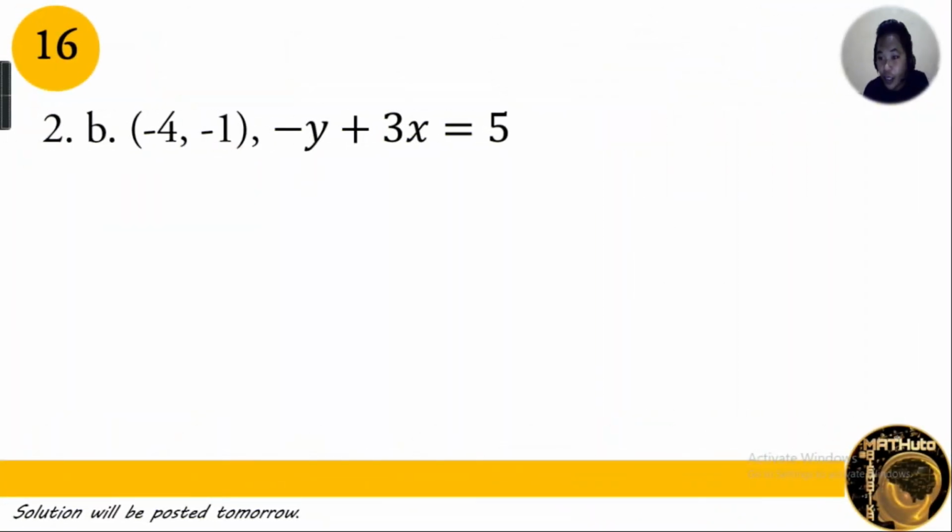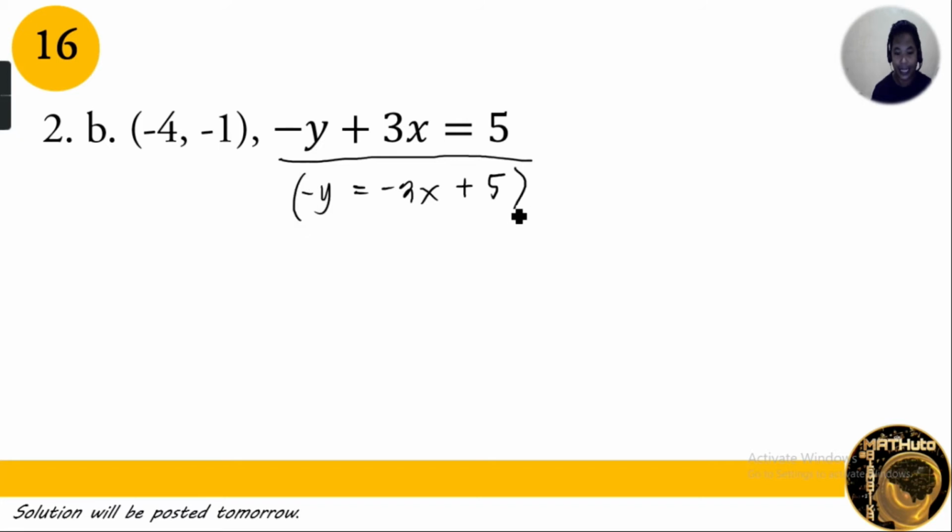We're also finding the equation of the line which is perpendicular to negative y plus 3x is equal to 5. So, let's have first the slope of the line po. So, writing this equation in slope-intercept form, negative y is equal to negative 3x plus 5. Multiplying by negative 1 para maging positive po yung ating y.